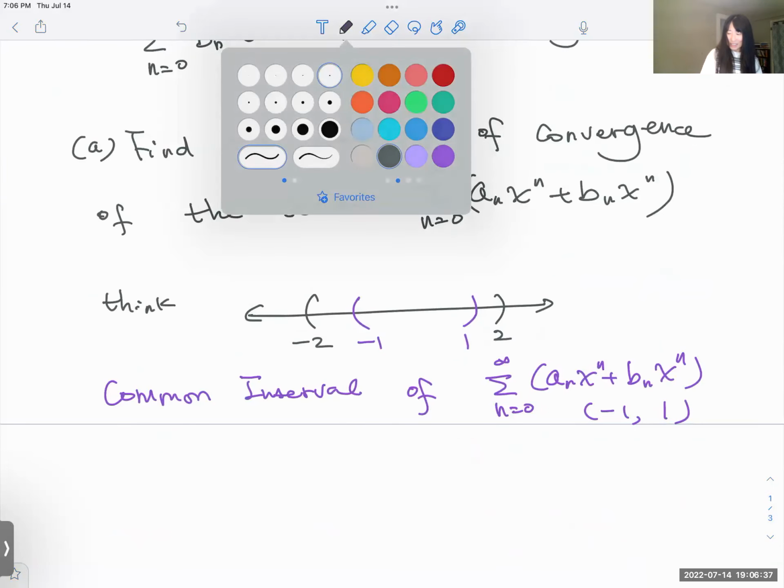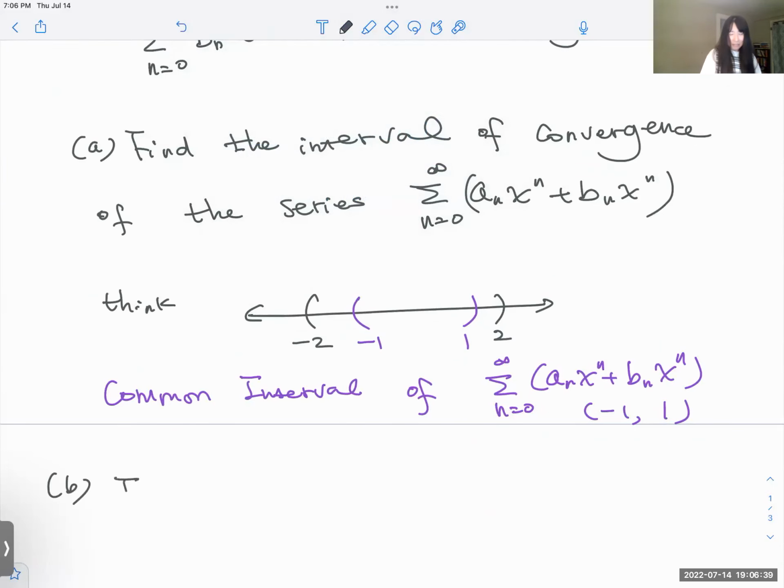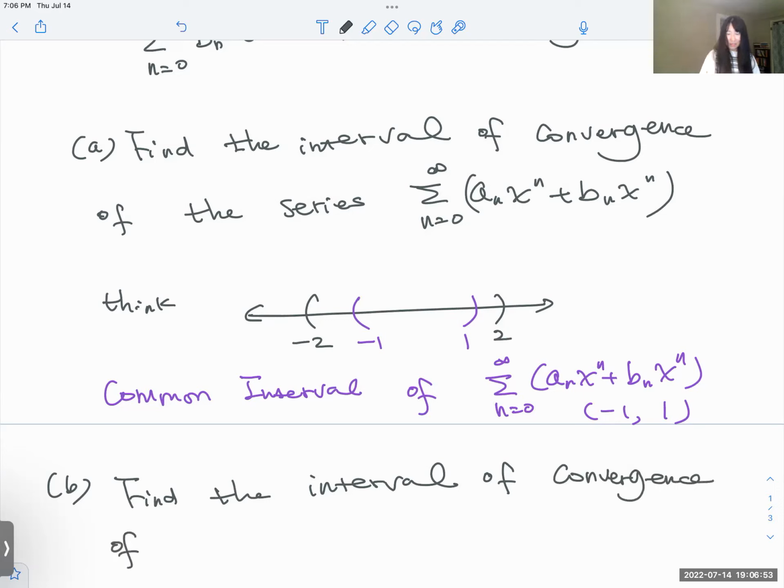All right, second one. Let us do this. Find the interval of convergence of the series. Then we have this series, 7 times 3 to the n, x to the n.